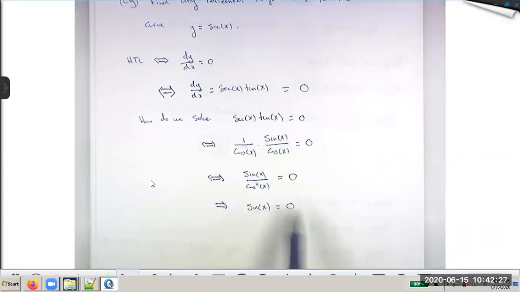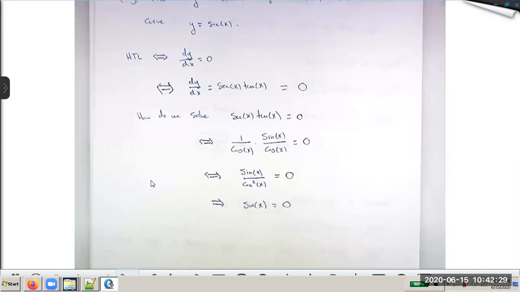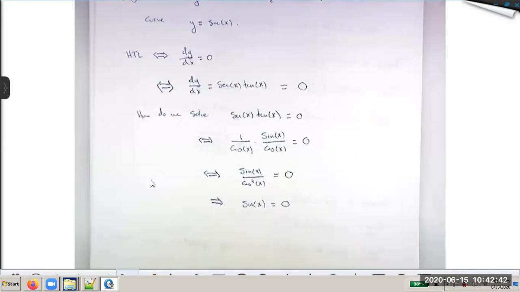And then what are the solutions here? Does anybody remember how to find all the solutions to a trig equation like this? There was mention of inverse trig functions at the very start. You could get one solution to this equation by taking the inverse sine of both sides, but it won't give you all the solutions.